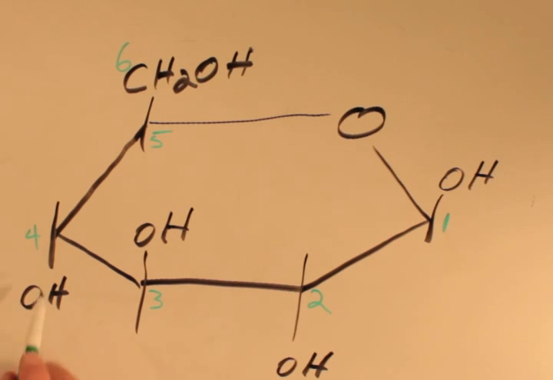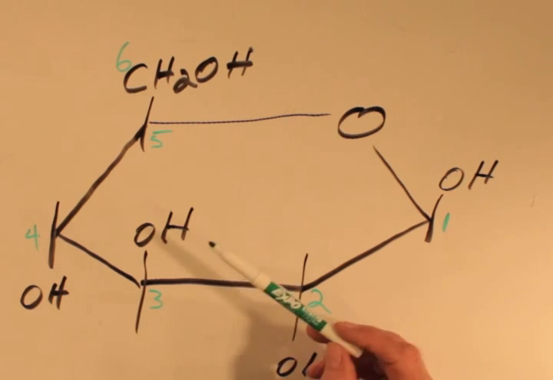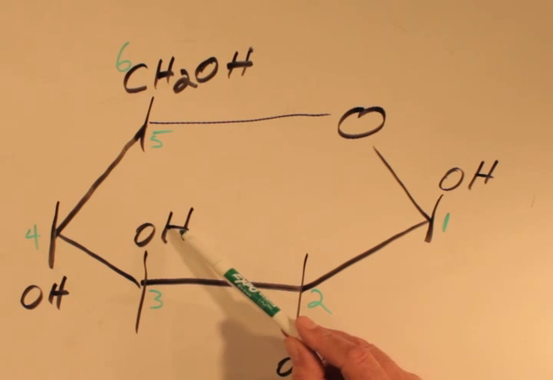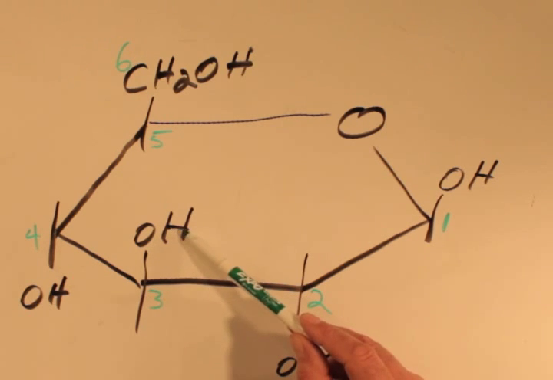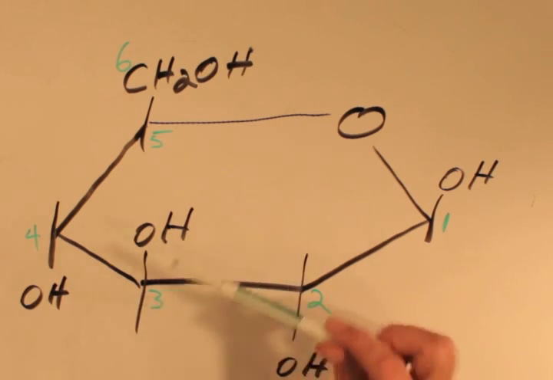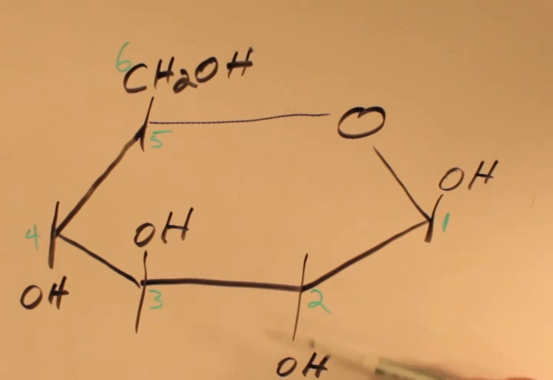Let's take a look at carbon number 4. We have the OH pointing down. If the OH was pointing up, then that's fine, but it's not glucose anymore. And then similarly, the OH on number 3, the way this is oriented, is up, and the OH on number 2 is down.